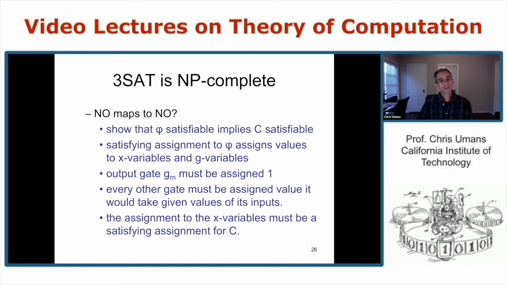And then once we had an instance of circuit set in our hands, we could reduce to 3-set, and we did that as we just described, going through the circuit gate by gate and adding a collection of 2 or 3 clauses, which all together, if they were all satisfiable simultaneously, had to force the assignment to the x variables, as we just noted here, to be a satisfying assignment to the circuit. Therefore, the circuit had to be satisfiable.